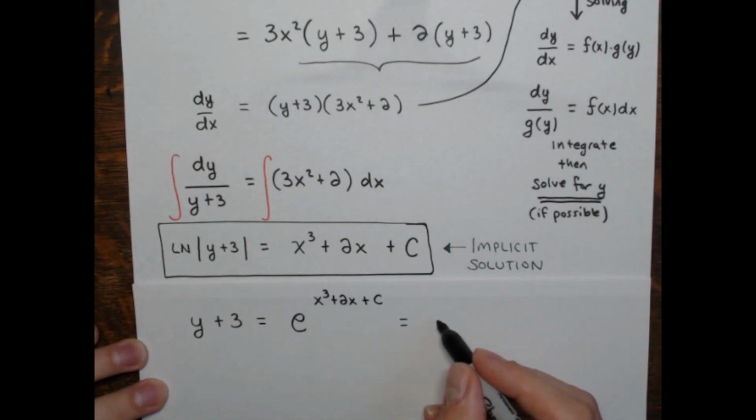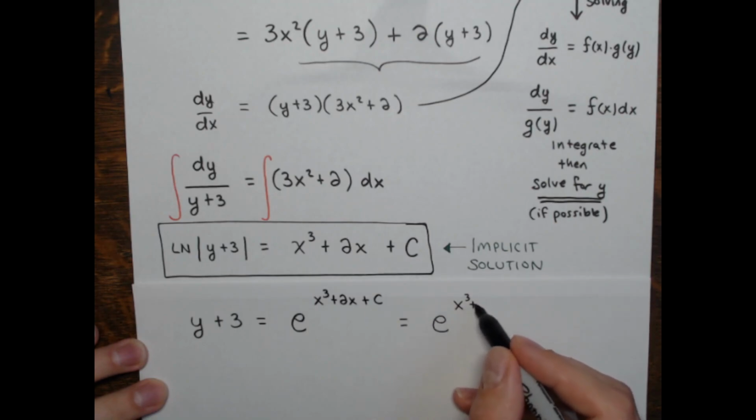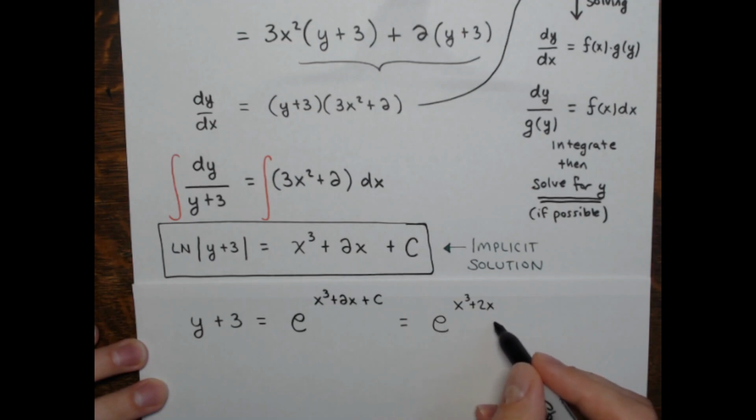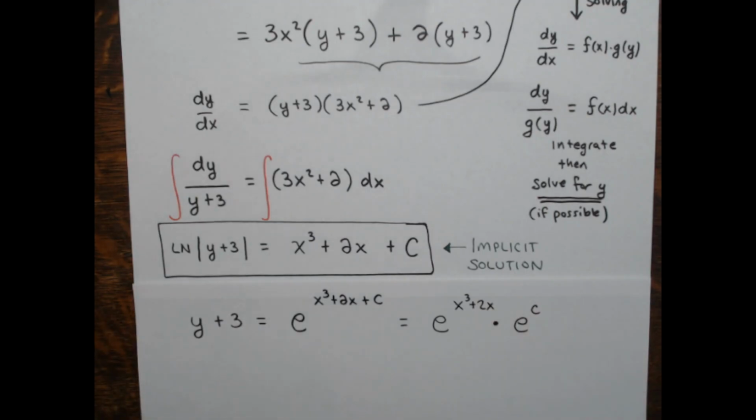This could also be written as e to the x cubed plus 2x power, with the variable stuff, multiplied by e to the constant. But this e to the c is also a constant, right? It's a constant raised to another constant.